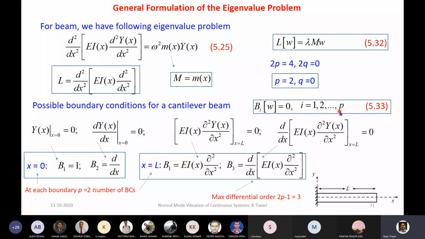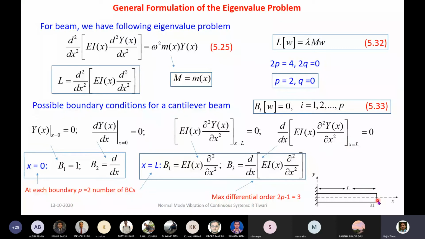According to this, we should have p boundary conditions at each boundary. What is p? p is 2 for the beam case. So we should have 2 boundary conditions. You can see at x equal to 0, we have 2 boundary conditions. Similarly, at the free end, we should have 2 boundary conditions because p is equal to 2.